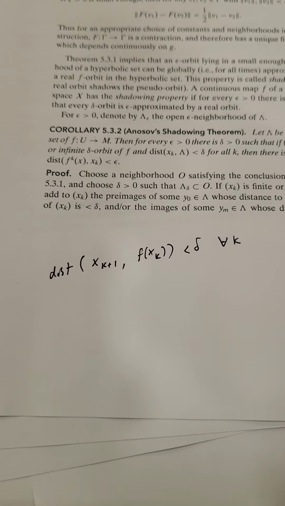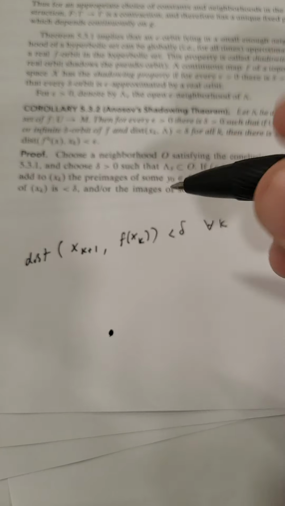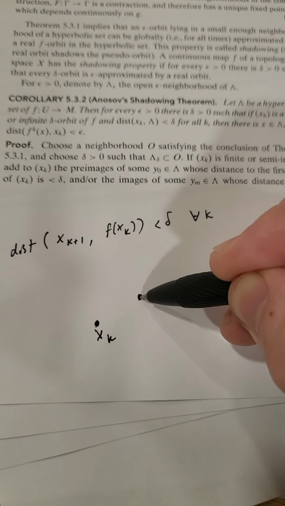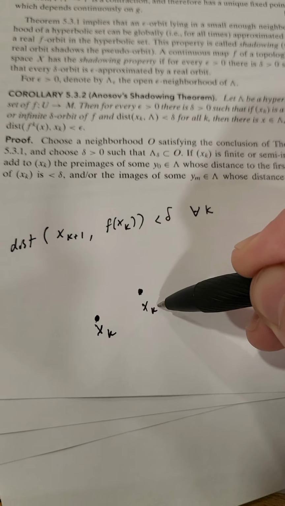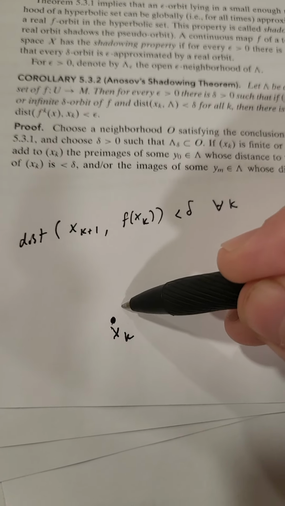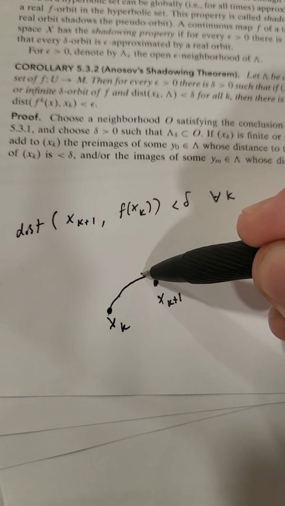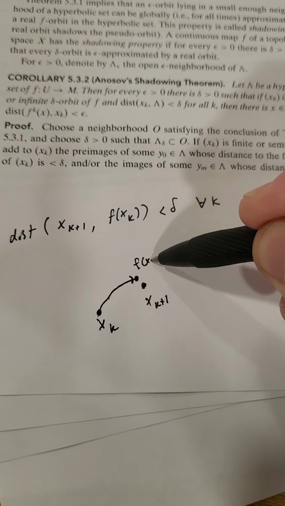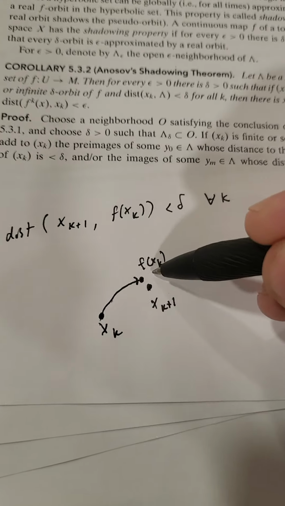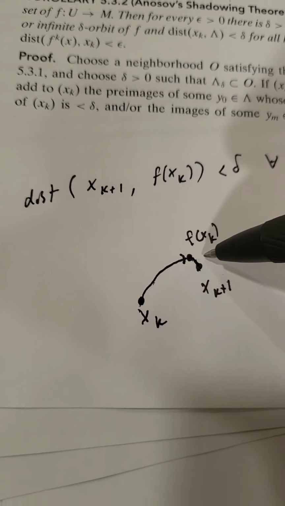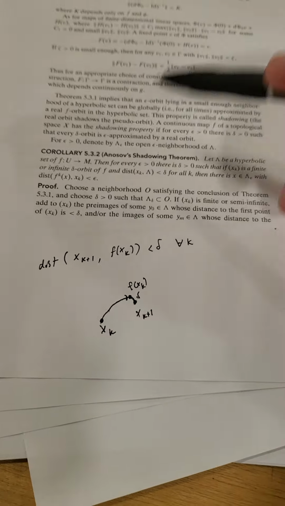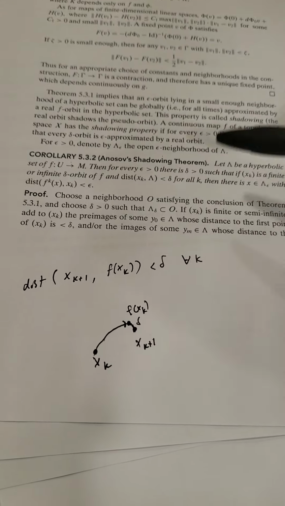So if you fix a point in the sequence, here's x_k, and then you go to the next point, x_{k+1}, but you can also apply the map f. And this operation will have an error which is less than delta for all x_k. So it's kind of a stepwise error in your approximation.